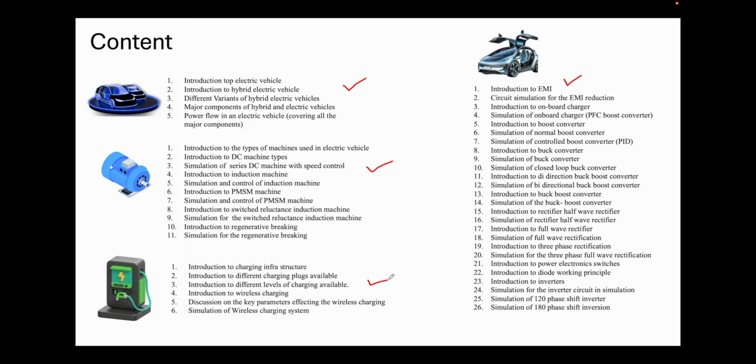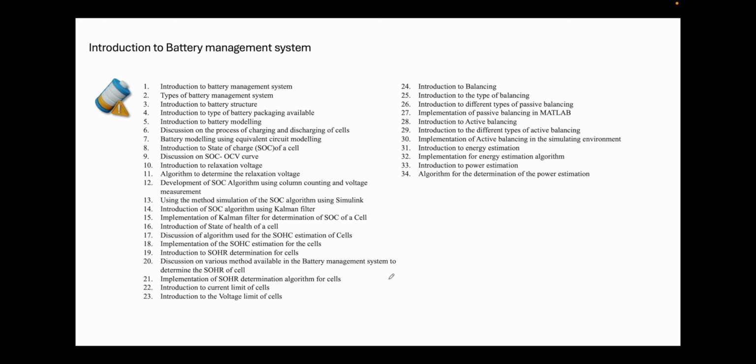Next, we will be covering the battery management system, as the electric vehicle mostly deals with electrical energy. We store the electrical energy in some form, and that storage is only possible with the help of the battery.